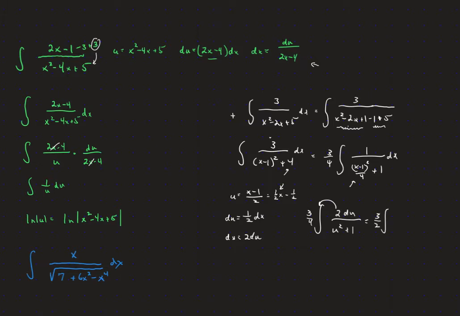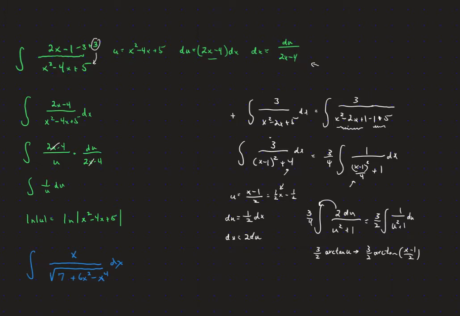and so that's going to be 3/2 integral of 1 over u squared plus 1, which is going to be a 3/2 arctangent of u, which is going to become a 3/2 arctangent of, I guess we called that x minus 1 all over 2.